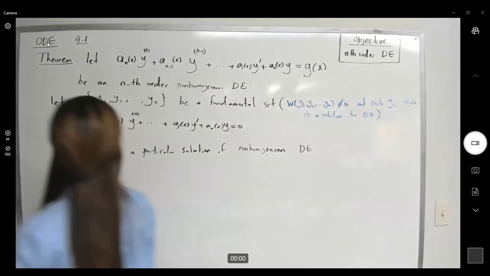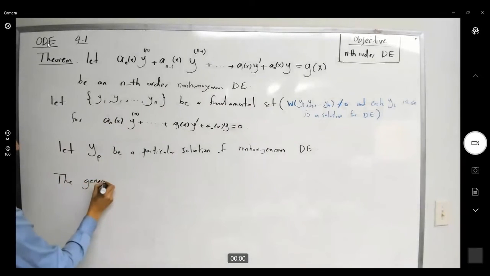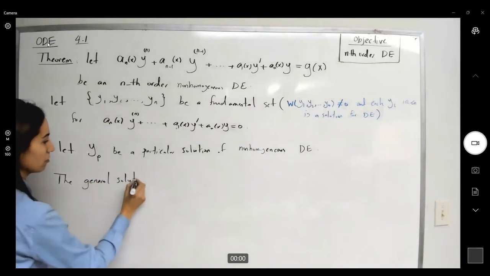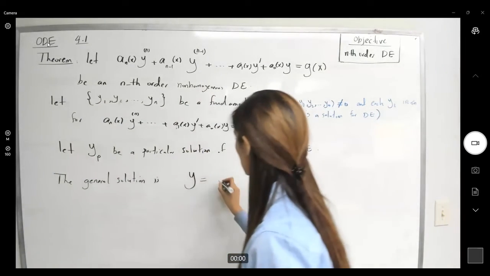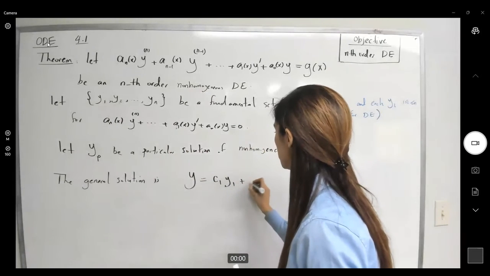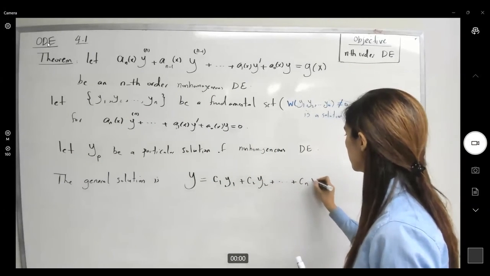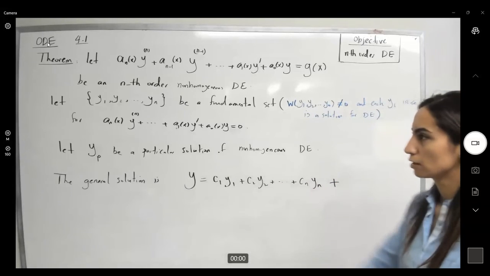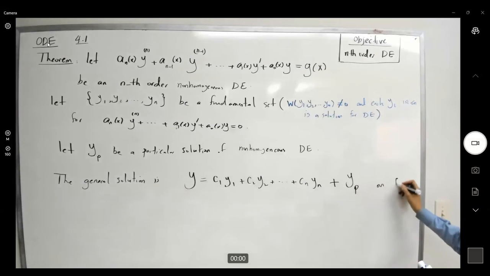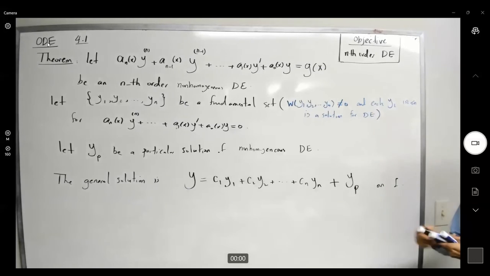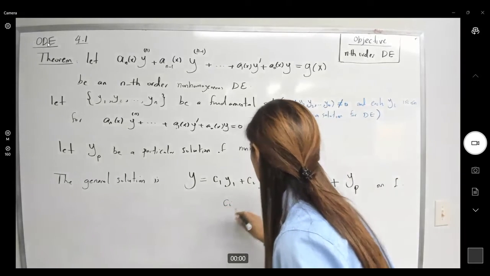In this case, the general solution is y equals C1 y1 plus C2 y2 plus ... plus Cn yn plus your particular solution y sub p on the interval. C1, C2, Cn are just constants.